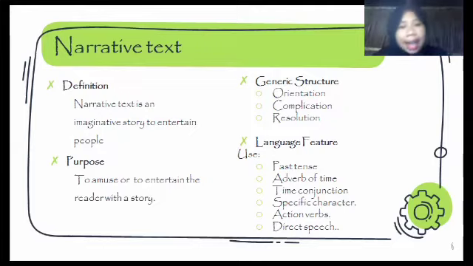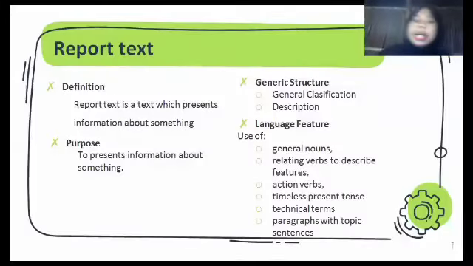Okay, and the last is report text. What is report text? Report text is a text which presents information about something as it is, a result of systematic observation and analysis. The generic structure. First, general classification.